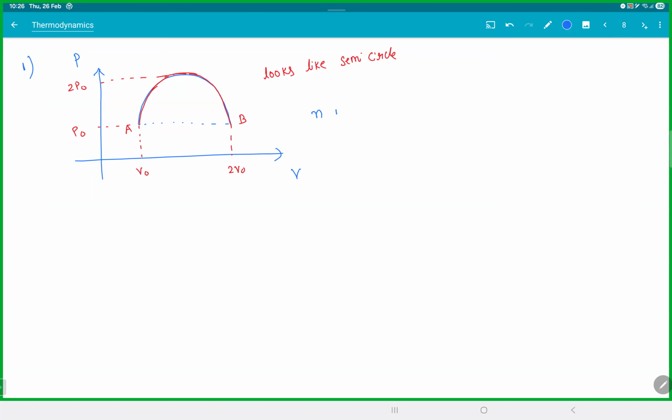This is n moles of helium gas. Find the work done from A to B and the heat Q from A to B. So when you go from A to B, find the work done and find the heat. Let's get this thing. That looks like a semicircle. What does it even mean?